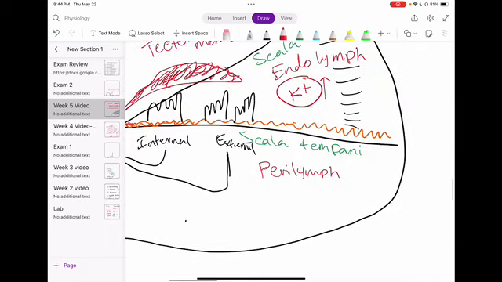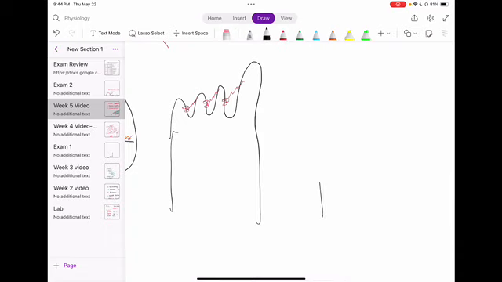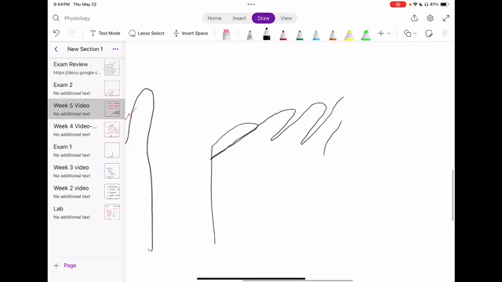But as this membrane moves up and goes close to the tectorial membrane, it eventually touches it. And what happens is this moves over like that, and it opens those channels, allowing that potassium to come in.